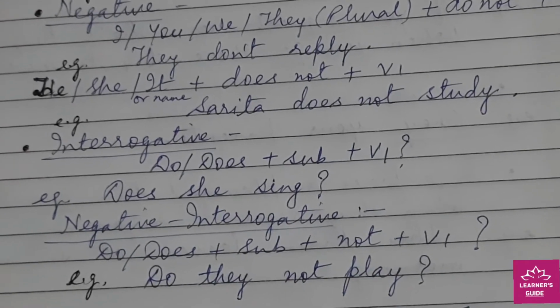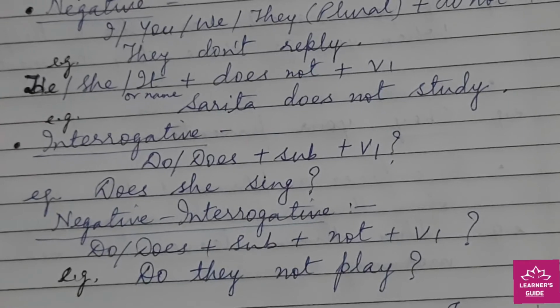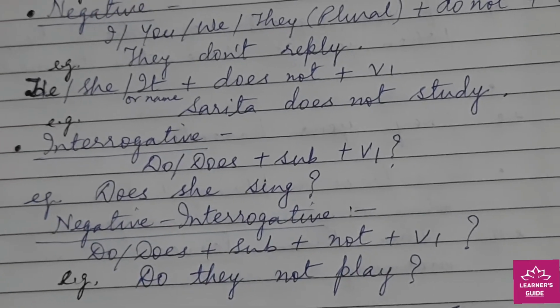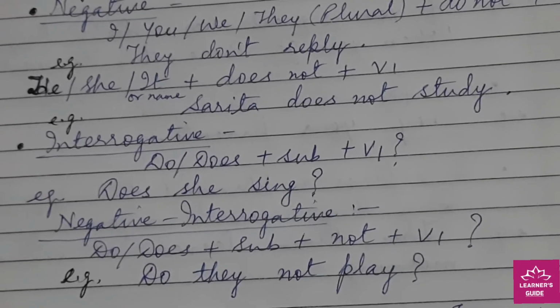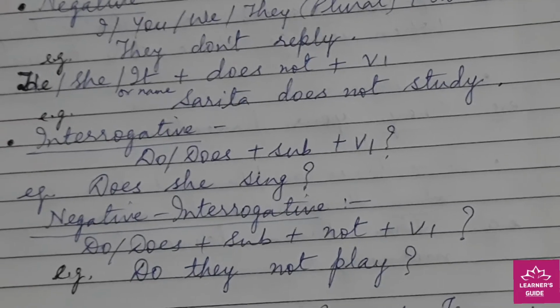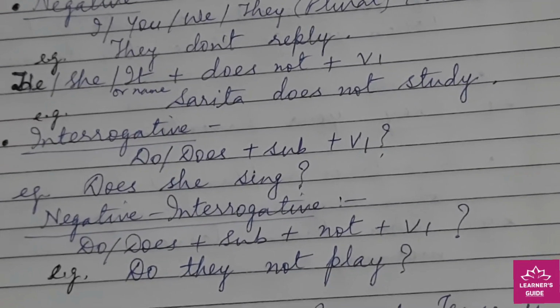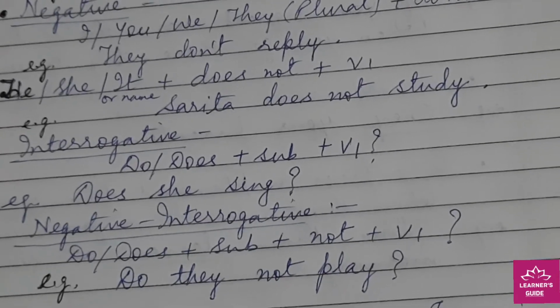And there what do we do? In the similar manner, first of all we use do or does as per the subject. If the subject is plural number, we use do. If the subject is singular number, then we use does. After that, subject comes. Subject is followed by not. And then we use again the first form of the verb.